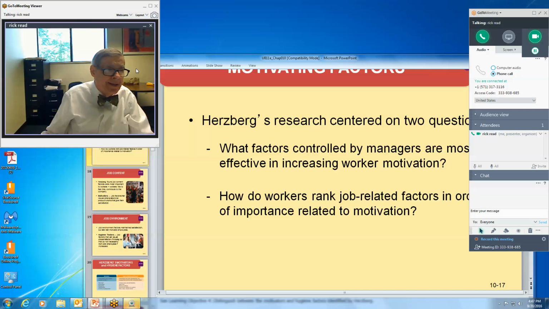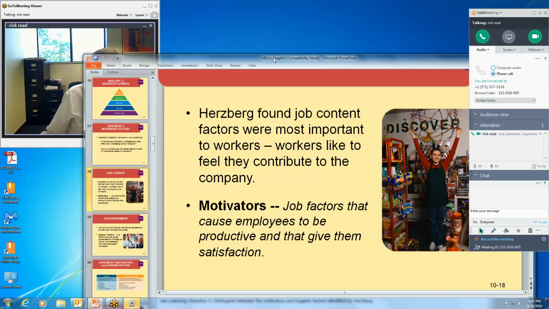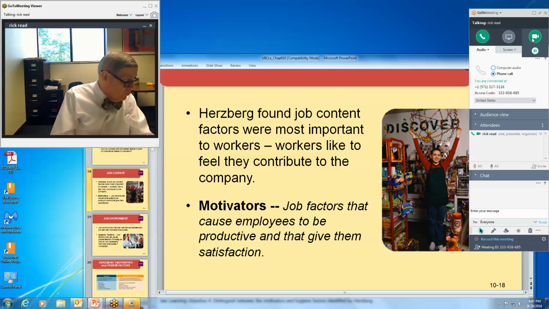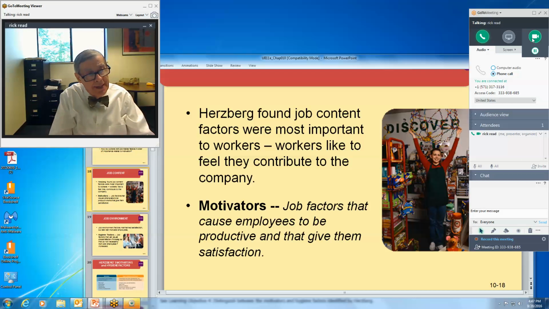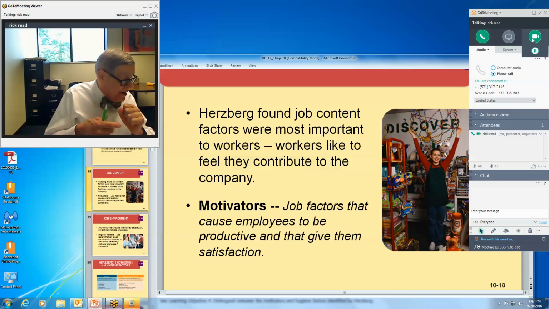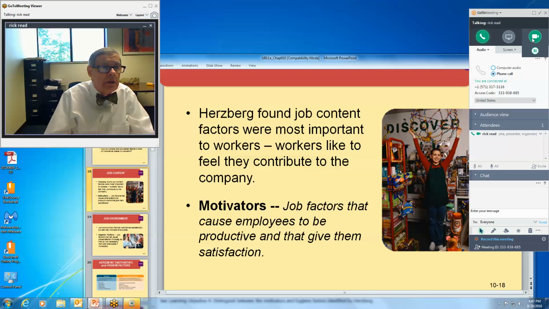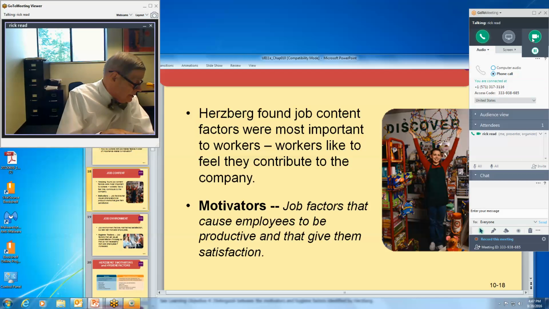Now, Herzberg said that this boils down to two things. They come in what's known as the job content, and the other comes in what is known as the job context. That is, context of the job itself. Content, on the other hand, refers to physical setting, etc. Well, the text here just disagreed with what I said, or I just disagreed with what the text said.